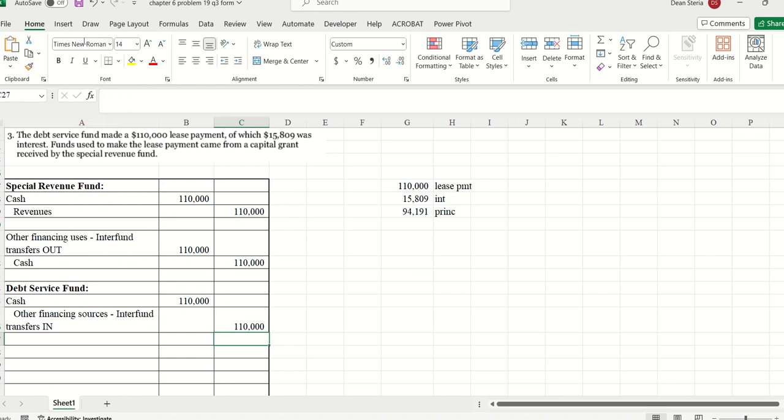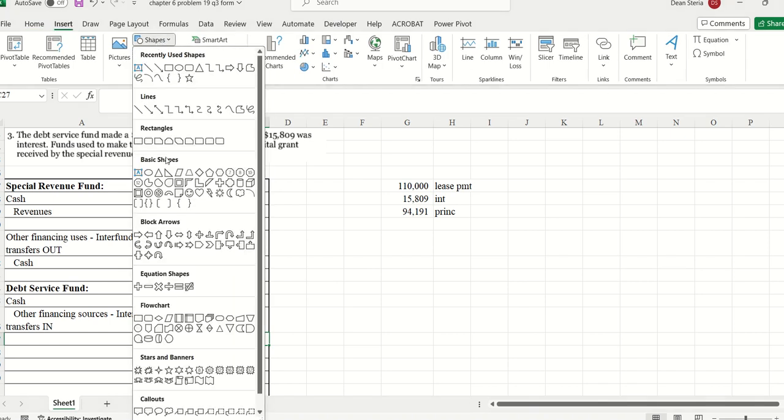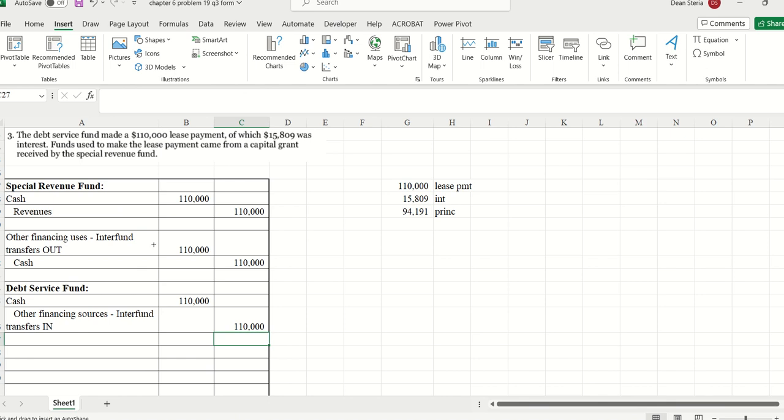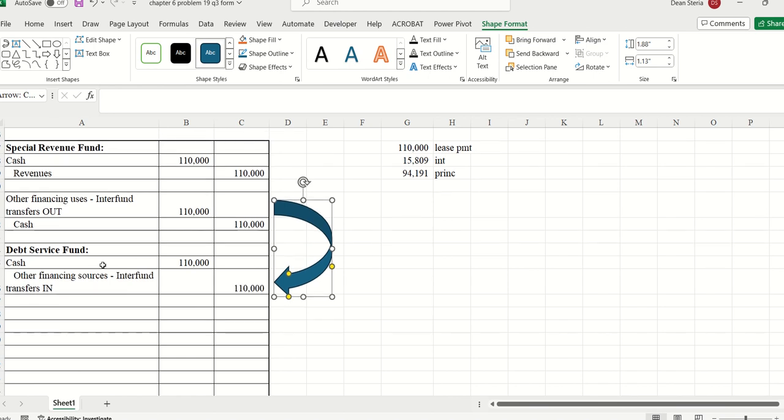And again, we can see how the transfer goes. It goes out from special revenue and into the other financing sources in the debt service fund. So it comes out of special revenue, goes into debt service.